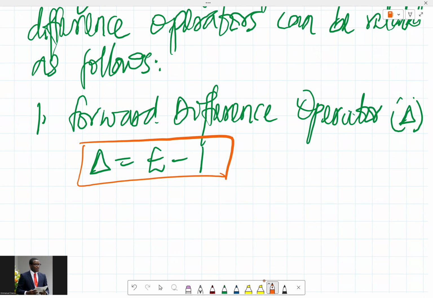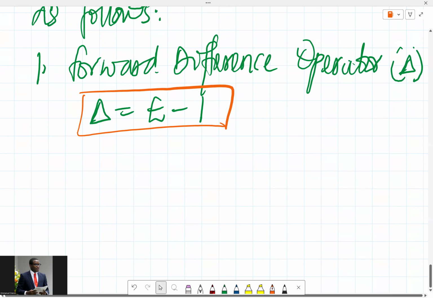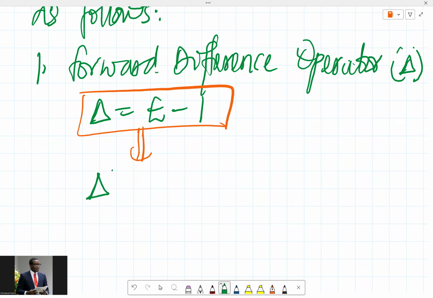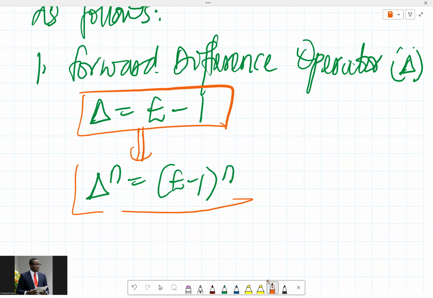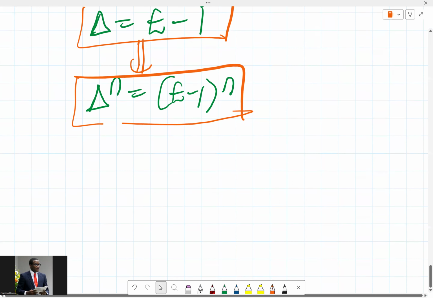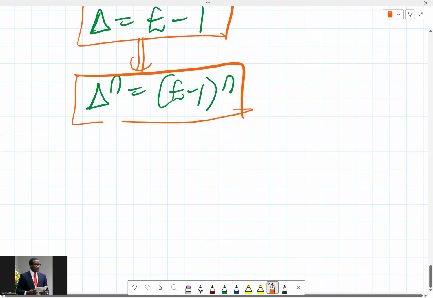That's the relationship between them fundamentally, and you can take it to the nth level. If you expand for higher orders, delta to the power n is the same thing as (E minus 1) raised to power n. So that also subsists. That's for the forward difference operator.